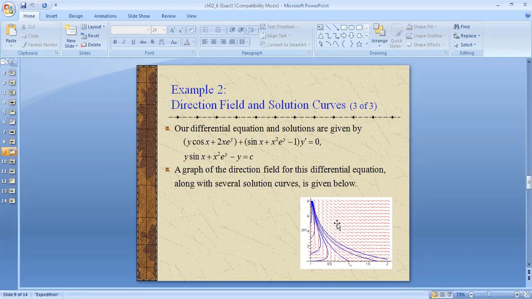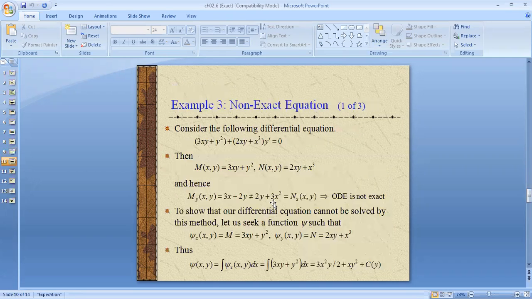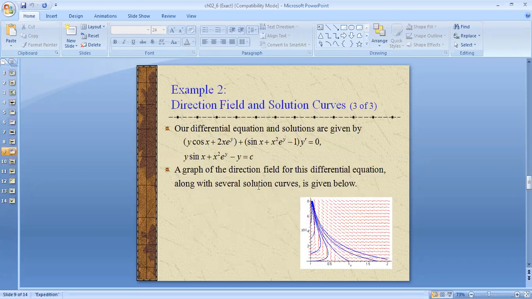For different values of c we get this. Okay, this is the explanation of the exact differential equation and how to solve it by using different kinds of software, such as MATLAB or Python or C++, etc.